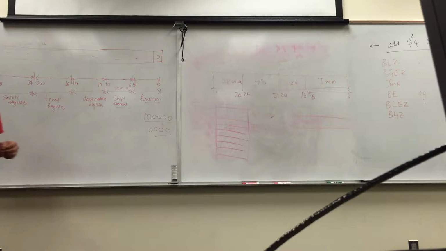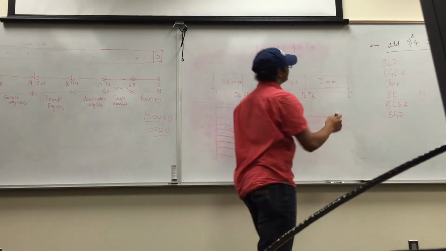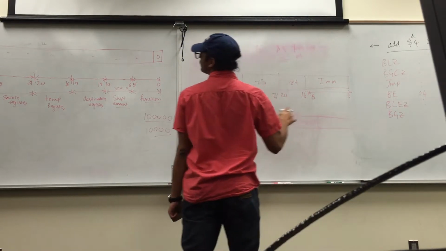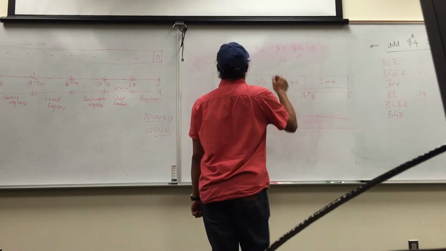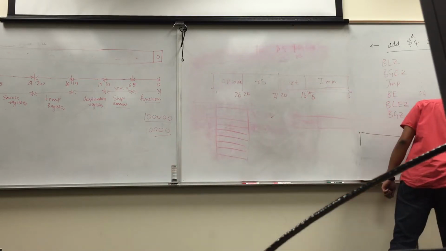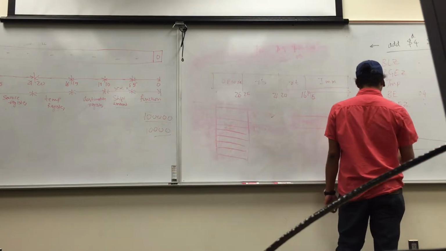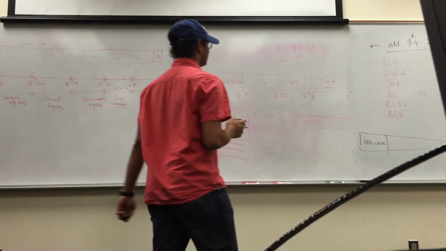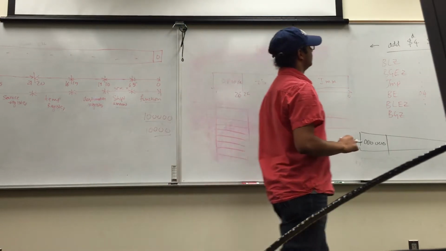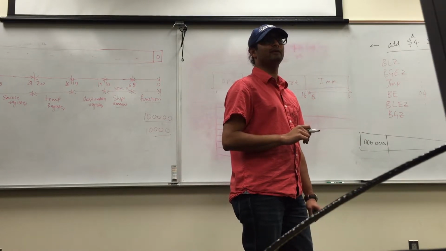So if I give you this instruction, can you guys tell me the 32-bit instruction? Okay, 6 zeros for the opcode. And then what's in 6? The address.